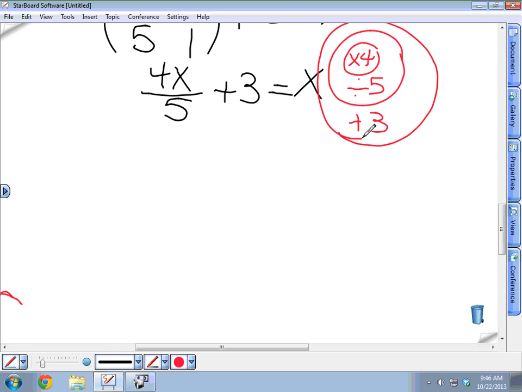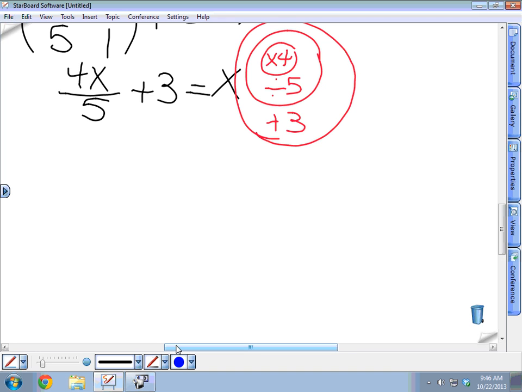So let's start peeling that onion. And let me move this over just a little so that we can see. Okay. What's the inverse operation, Felix? What's the first thing I'm going to do here? How am I going to work this? I'm going to subtract 3 from each side.